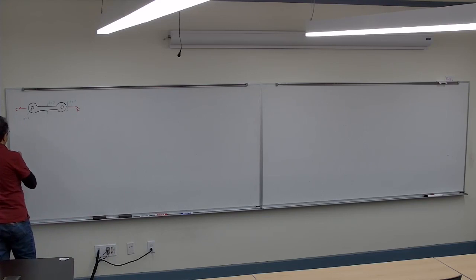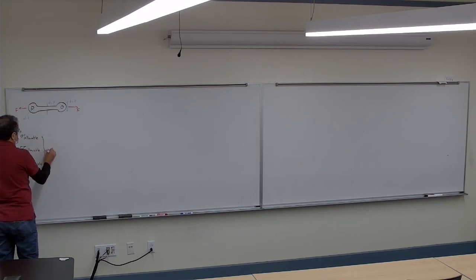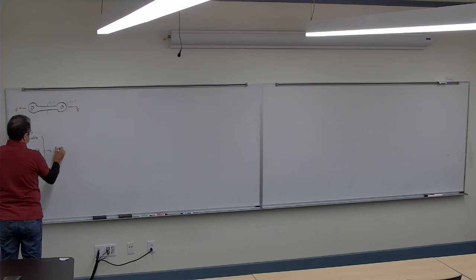Then you have the tau allowable, and you have the sigma allowable, and then we use them to find the dimensions.